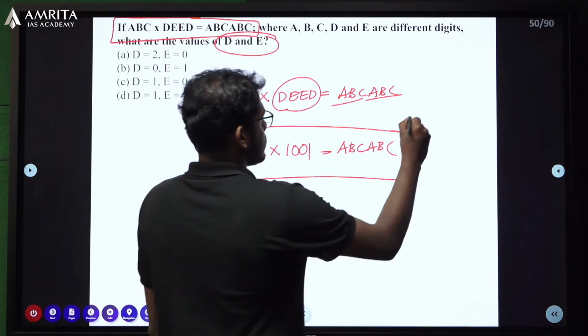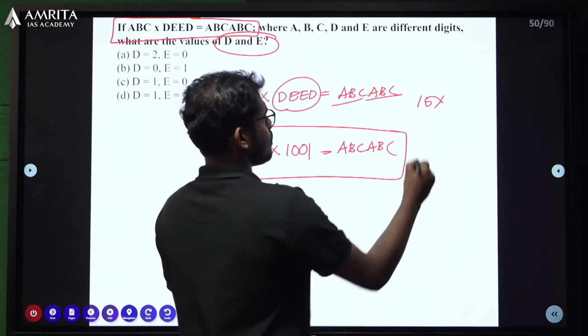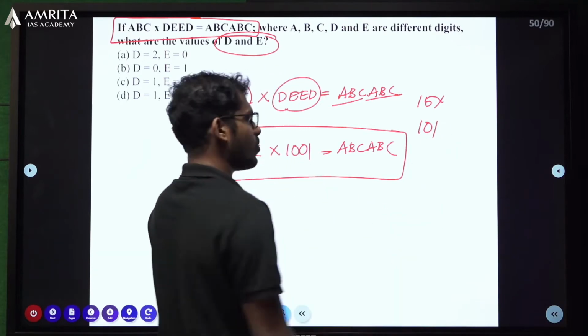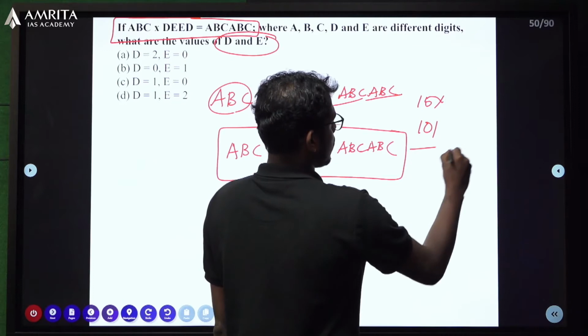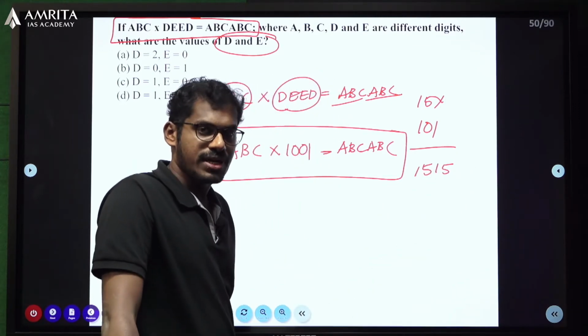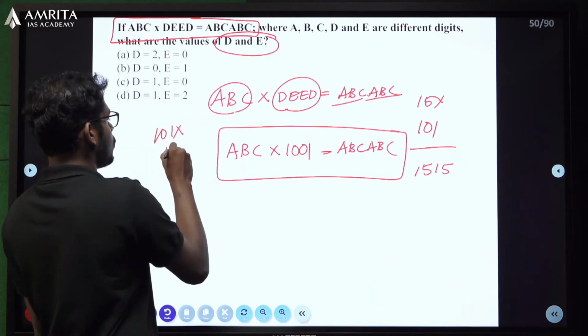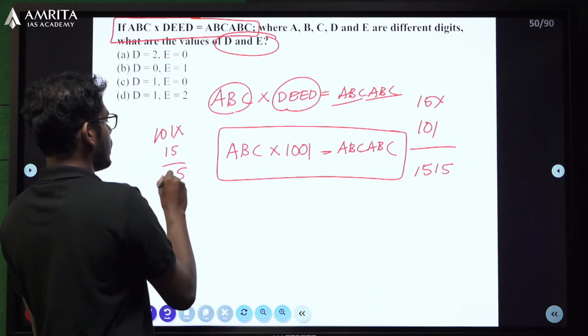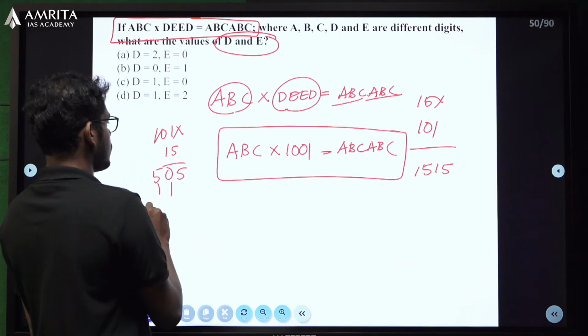Similarly, for example, if 15 is multiplied with 101, then the product will be 1515. Let's check, 101 into 15, 5, 0, 5, 1, 1.